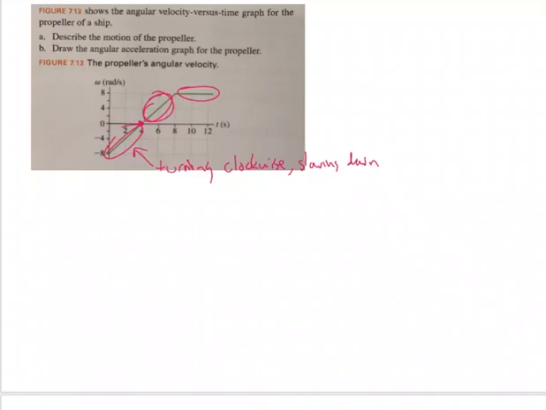It has a positive angular velocity, so in this region it is turning counterclockwise. And because the numbers are getting farther away from zero, it is speeding up. Now, finally, what's happening here? That's a constant angular velocity. So it's holding steady at 8, it looks like, radians per second.